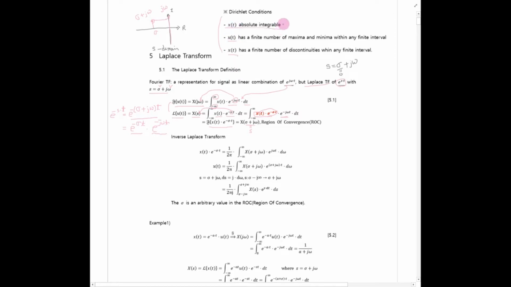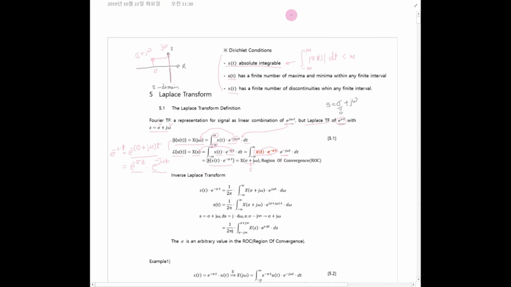It means that if we integrate over the whole time the absolute value of the signal, dt, it should be finite. But some signals don't satisfy this, especially exponential functions.